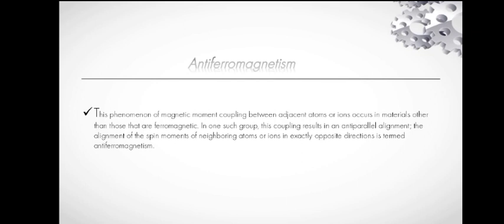The alignment of the spin moments of neighboring atoms or ions in exactly opposing directions is termed antiferromagnetism. This means the opposing magnetic moments cancel one another, and as a consequence, the solid as a whole possesses no net magnetic moment.